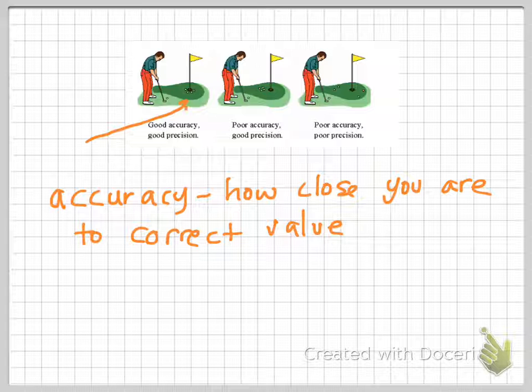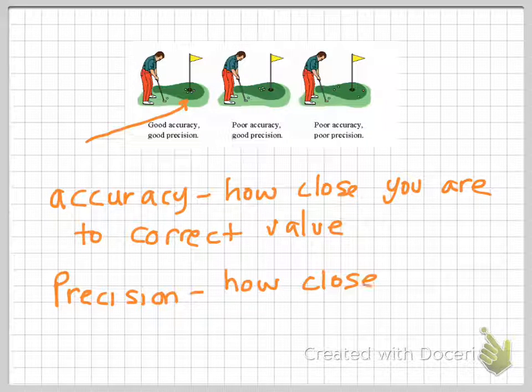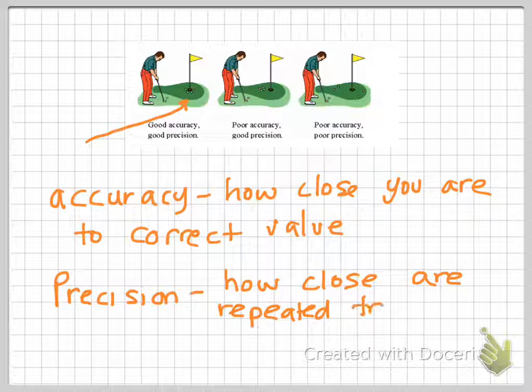You can see he's pretty close, so the accuracy is pretty good because he's very close to the hole. Precision is, if you do something multiple times, how close are your measurements to each other? So how close are repeated trials to each other?